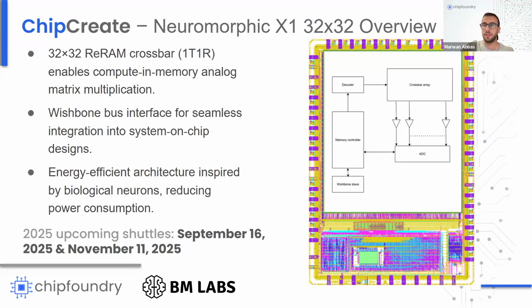Right now we're at X1, so that's the offering we have now. And as Samarth just said, they're working on X2 and X3, so it's going to be incrementally announced to the community. So that's basically the offering.